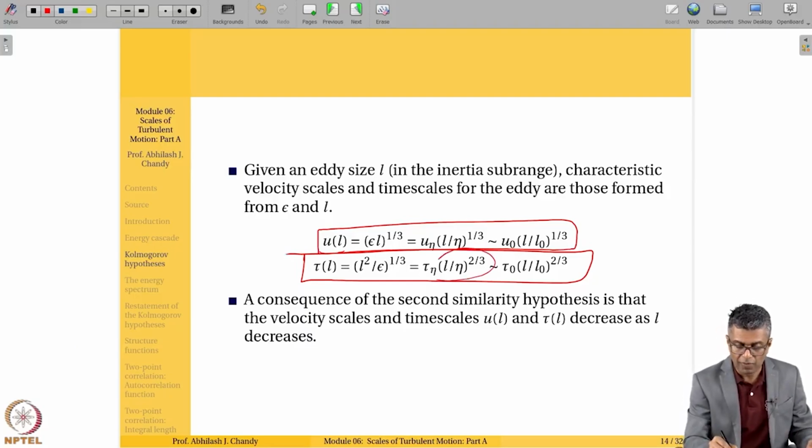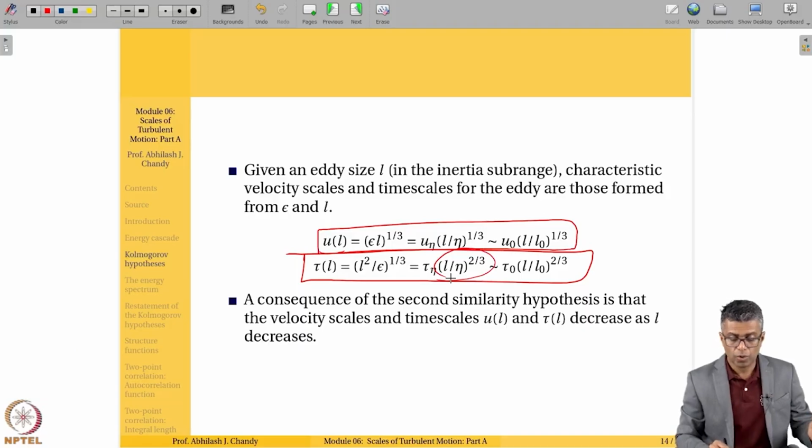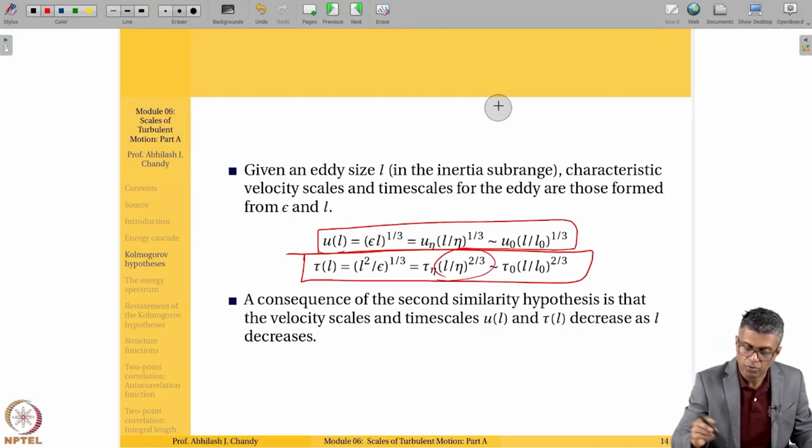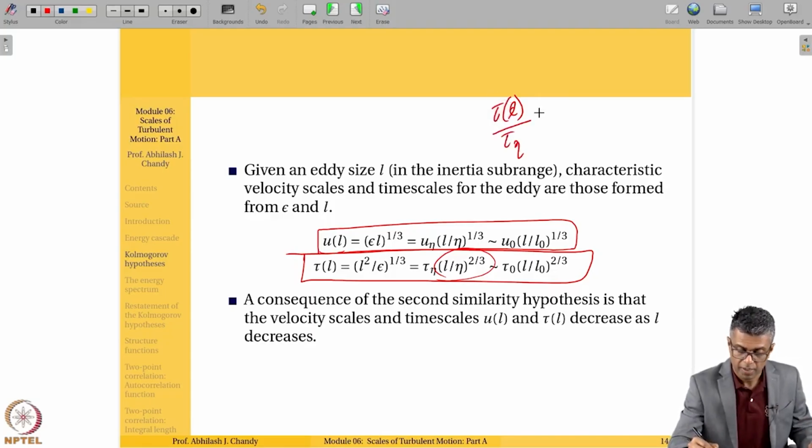Because look at this value. If you take tau of L, which is the inertial subrange time scale, divided by tau eta, which is the Kolmogorov time scale, this is going to be L over eta to the 2/3, isn't it?